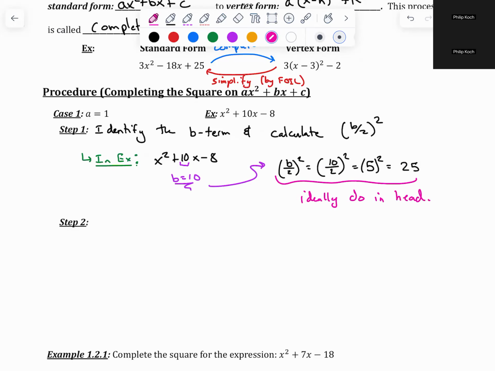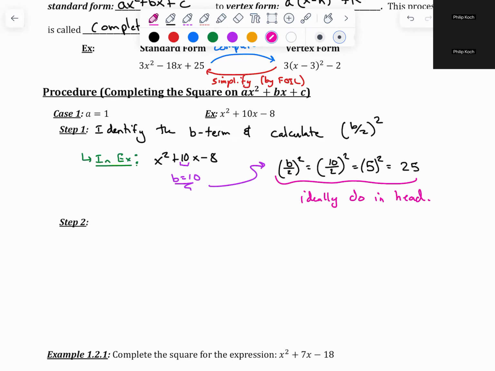Ideally, though, you should try to do this in your head or on your calculator without writing it down, because you don't have to. It doesn't hurt, but it's not necessary. So identify your b term and then calculate b divided by 2 squared. 10 divided by 2 is 5, squared is 25.